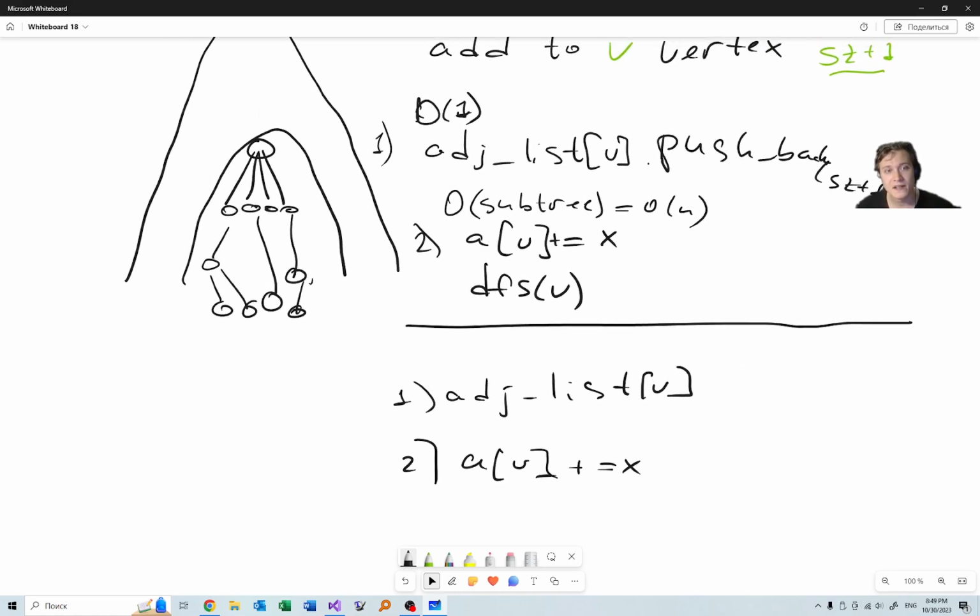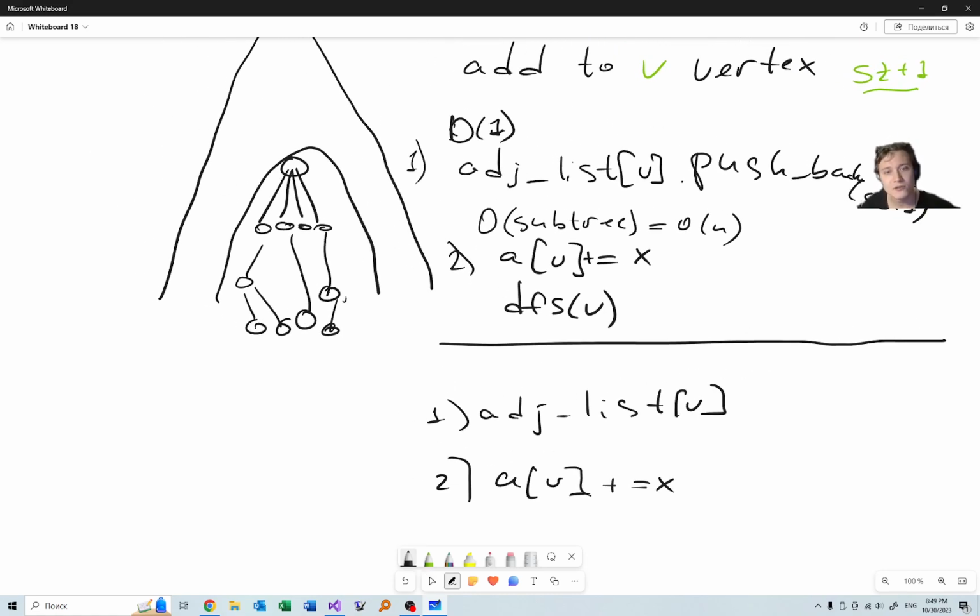It means that not only do you add x to v, but it is also like a promise to add x to all its successors later. So you say the number in any vertex means that all its subtree should be increased by this number.